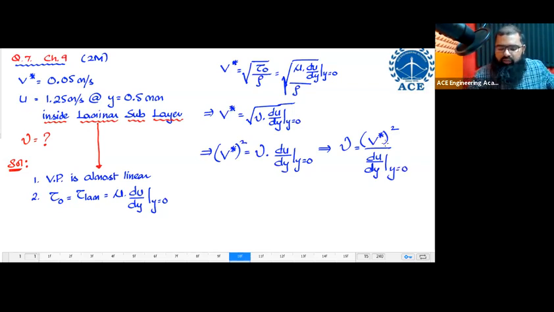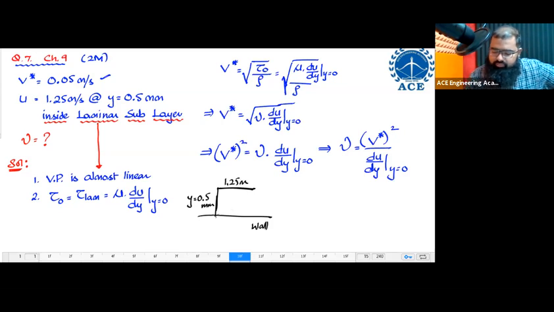I already know the value of V star. How do I get the value of du by dy at y equal to 0? From here. Now imagine that this over here is the wall, and this over here is a distance. This distance is y equal to 0.5 mm. Over here the velocity is 1.25 meters per second.